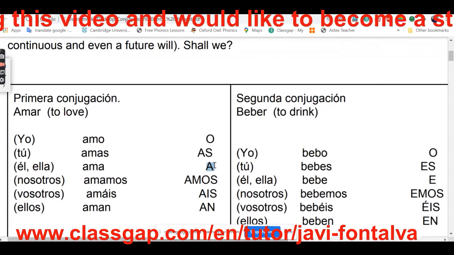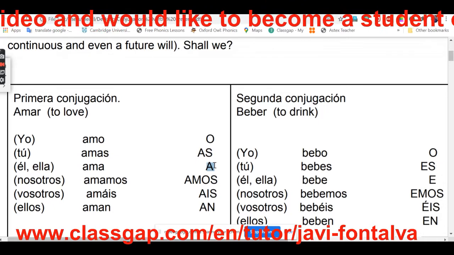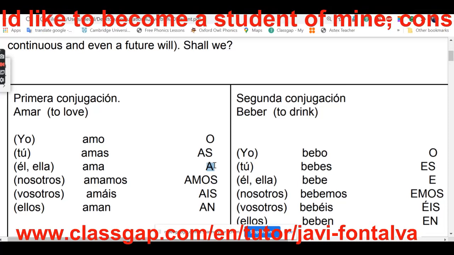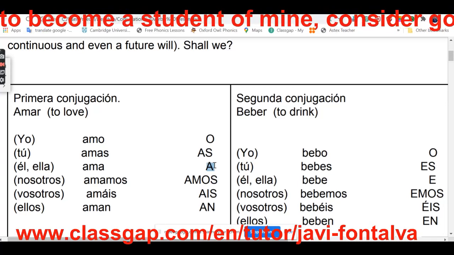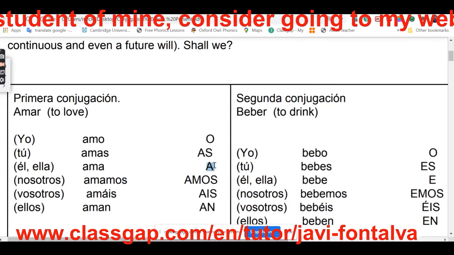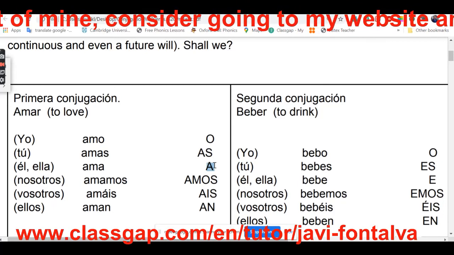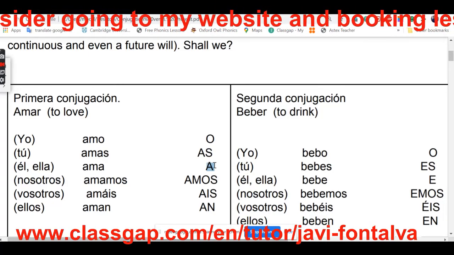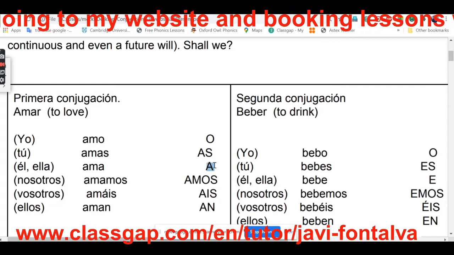For every verb, it doesn't matter what conjugation, if you talk about number one, you're always going to attach an O. So, for example, if you want to say I drink, you're going to say bebo, because beber is to drink. Bebo, I drink.